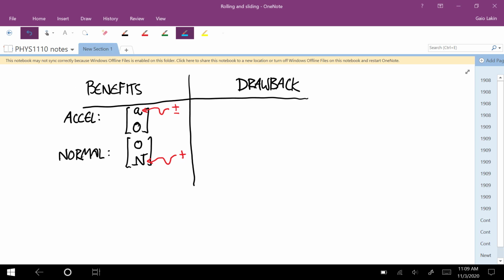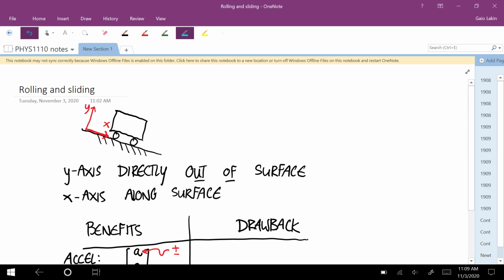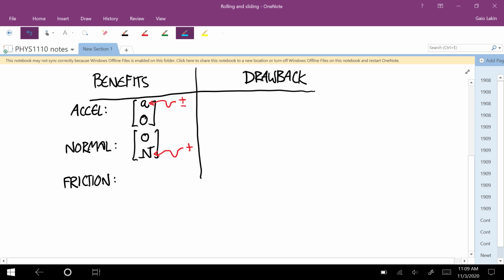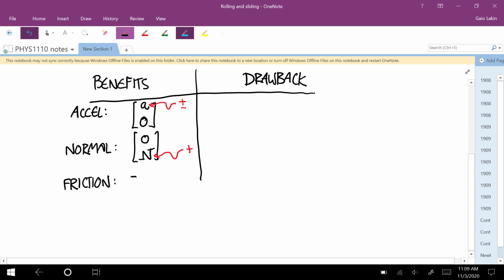And then there's a third benefit, and that's in problems where there's friction. Now notice in the example that I drew up here, there's no friction because it's wheels, but if it's sliding, a lot of times there will be friction. And friction is always going to be in the positive or negative x direction. We'll know which direction that is, so I'm going to put that plus or minus in here because we'll do that ourselves.